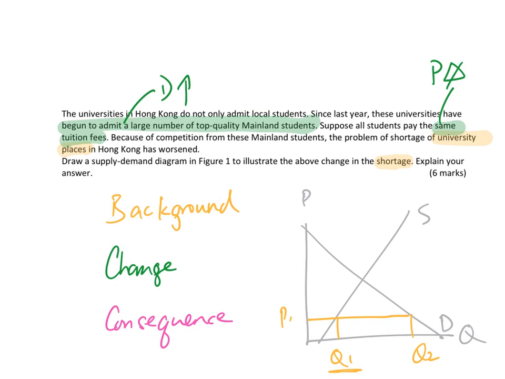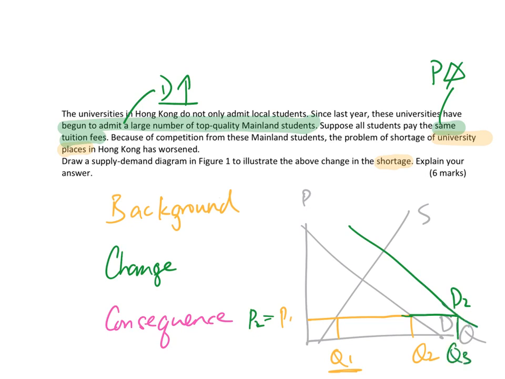Then we try to draw these things in the diagram. First, for the demand increase, we draw this D2 here, so this is D1. After that, because the price doesn't change, P2 is still here, but we extend the line here.